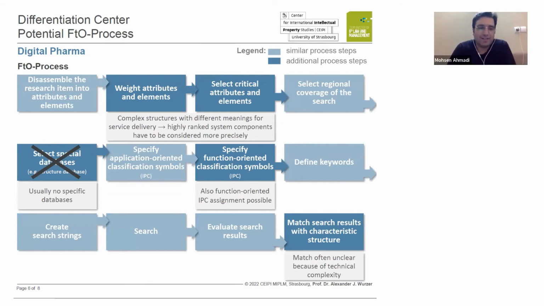Thank you so much, Yanan. For the digital pharma, we have similar process steps and additional process steps compared to the traditional one. At first, we must disassemble the research item into attributes and elements, and then weight attributes and elements, and go to select critical attributes and elements, and then select regional coverage of the search to specify application and function oriented classification symbols.